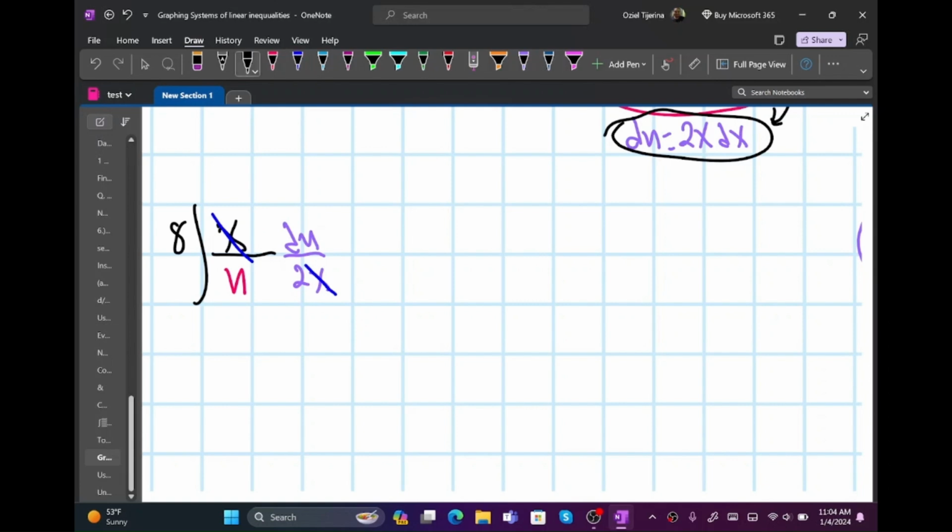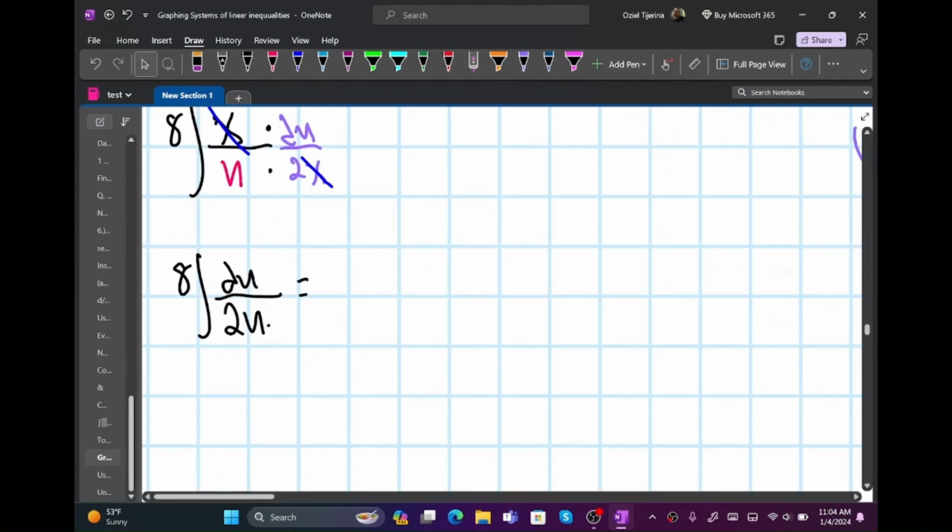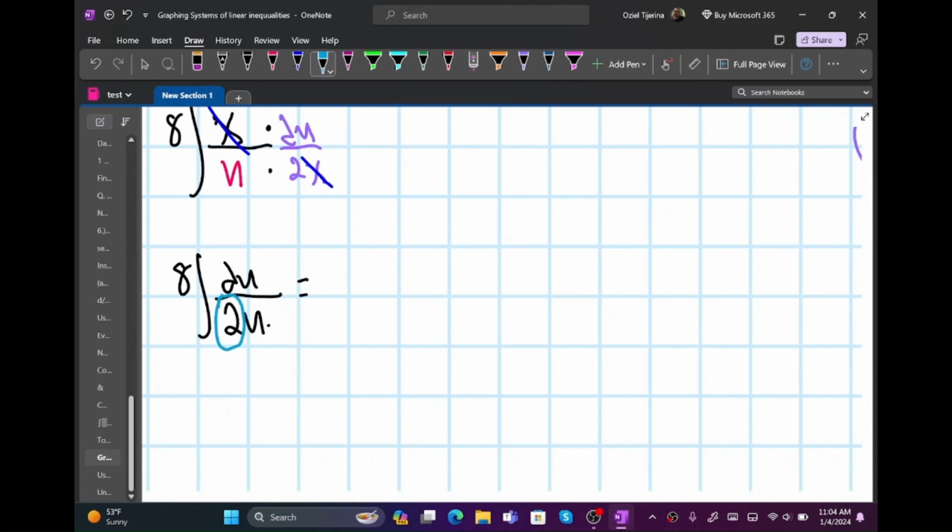This will end up giving us 8 integral of du over 2u, because you're multiplying the top and the bottom. Now remember, there's an invisible 1 on top.